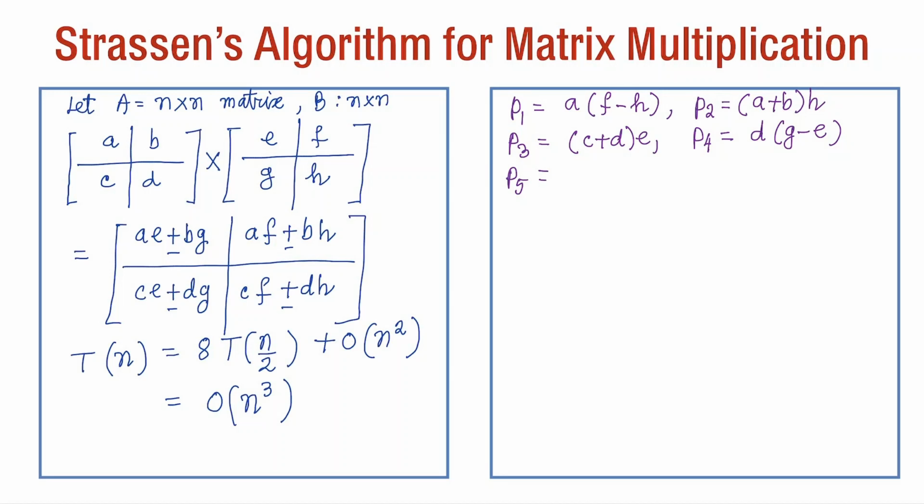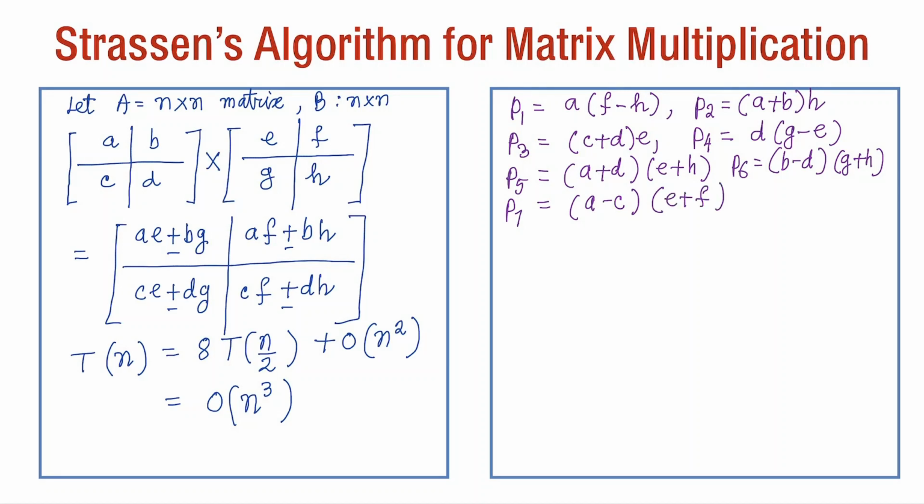P5 is equal to (A plus D) into (E plus H). P6 is equal to (B minus D) into (G plus H). And P7 is equal to (A minus C) into (E plus F).